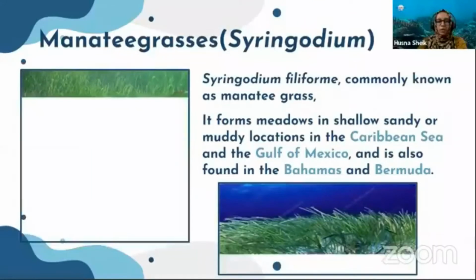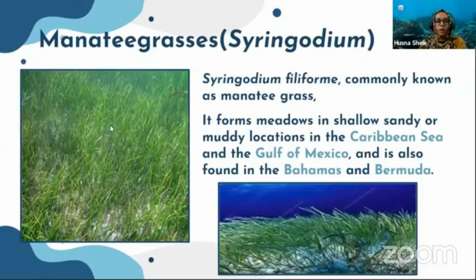So our next example is Syringodium, the manatee grasses. These kinds of grasses are found in shallow sandy or muddy locations in the Caribbean Sea, Gulf of Mexico, Bahamas, and Bermuda.